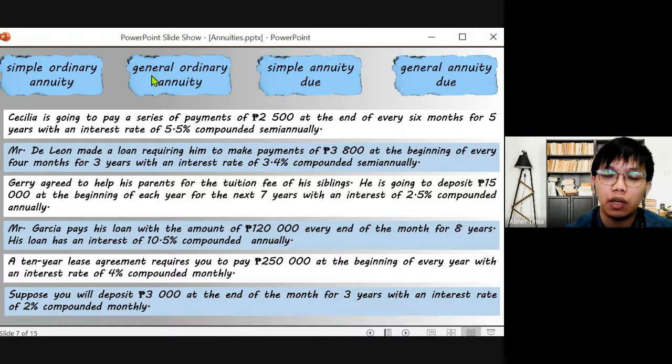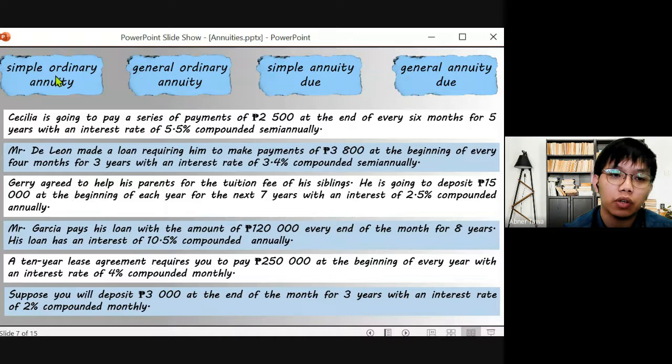If it is general, the payment interval and interest period are different. In ordinary annuity, the date of payment is made at the end of the payment interval. In annuity due, it is made at the beginning.